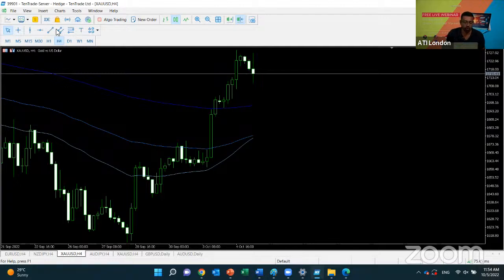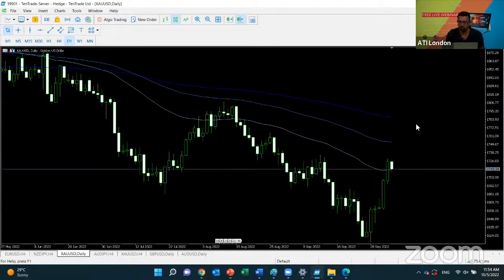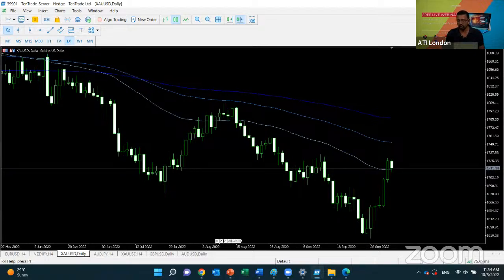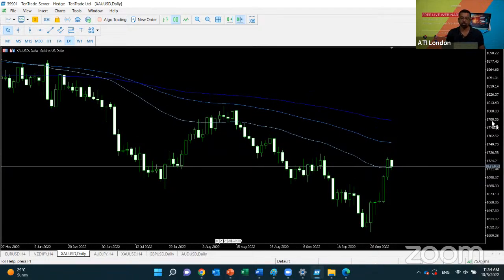As we go on to the daily chart, we can see that it is still a little bit uncertain as well, but it's biased to the downside more than the upside. You can see that on the daily chart, this whole movement from this high to the low is a zigzag coming downwards, lower highs, lower lows.